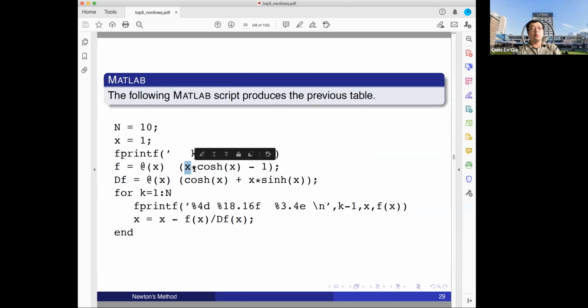The derivative of x is 1, so you got hyperbolic cosine here. Then the derivative of cosine is hyperbolic sine, so this gives you the second term. So this is the formula for Newton method, right? Remember, we reuse the variable x. So xn plus 1 or xn, you just put it back into x, and you got this formula: x equals x minus f of x over df of x.